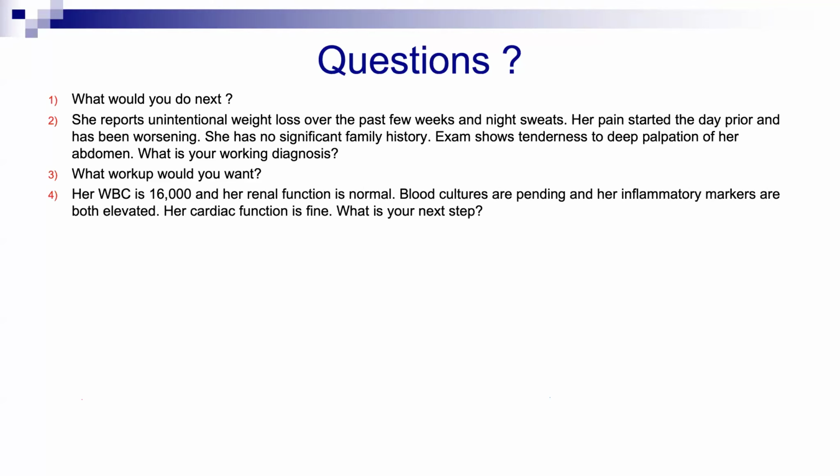And pulmonary. Why pulmonary? Cardiopulmonary disease, if severe. Correct, cardiac. But here he said cardiac function is fine, correct? Okay. So that means she can be fit for in situ surgery.